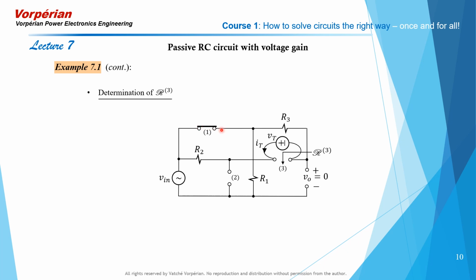So you see that R3 in series with R2 in series with Vt forms a loop standing on its own, regardless of what V0 is doing, which means that script R3 is nothing more than R2 plus R3, since Vt over It is R2 plus R3, regardless of what V0 is doing, as we said. And that's perfectly fine.